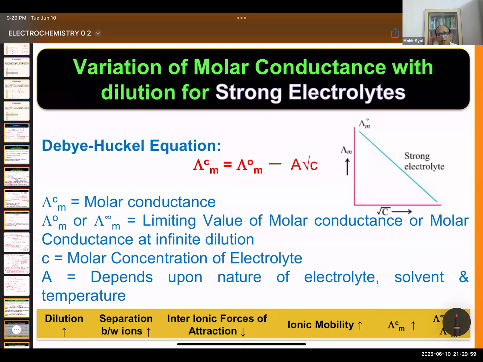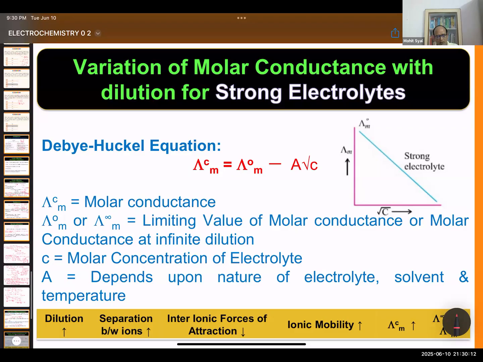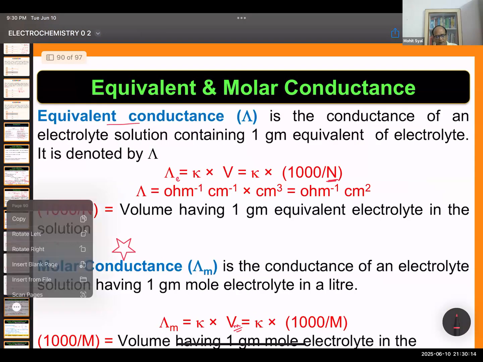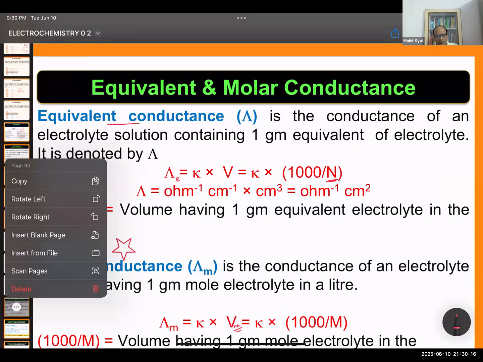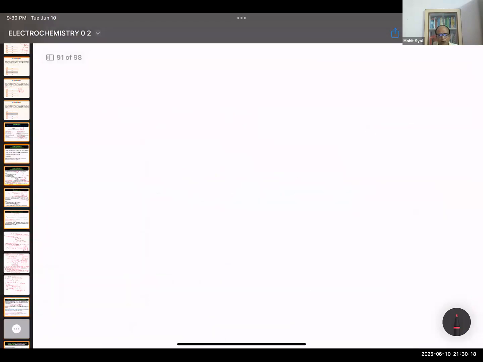Now we are going to discuss the variation of molar conductance. Before we study that, let me ask you a very simple question, and that will help you to understand the numerical very quickly.